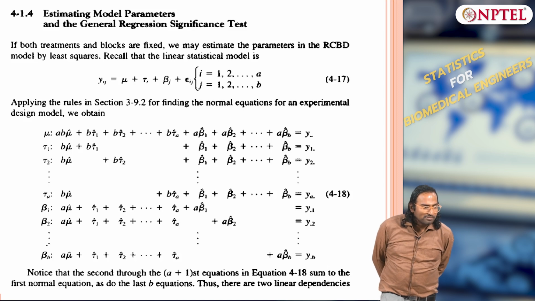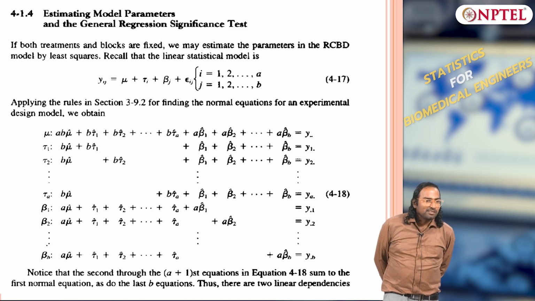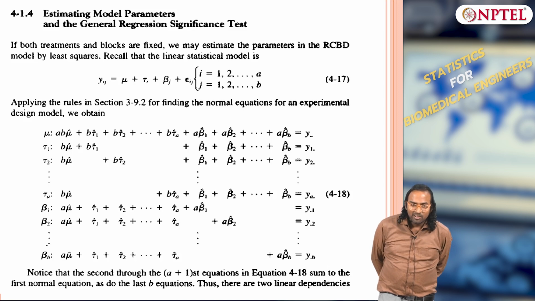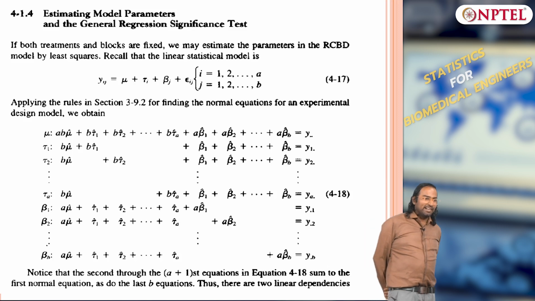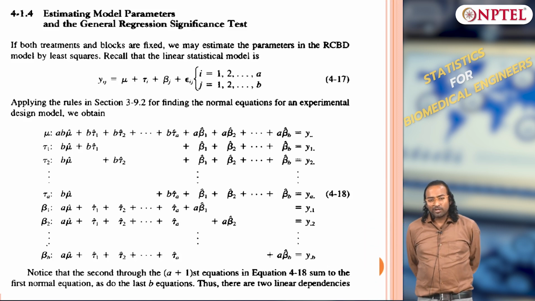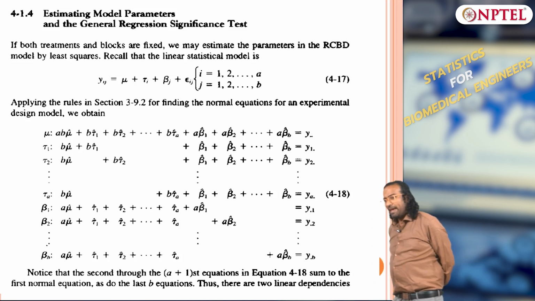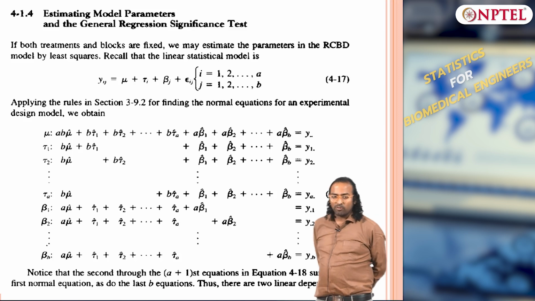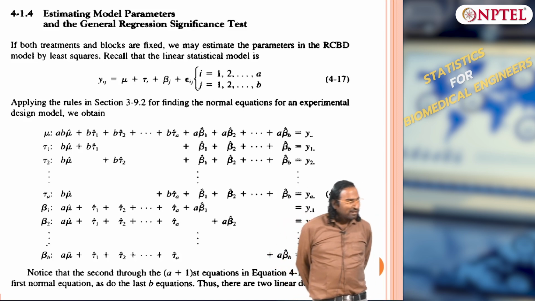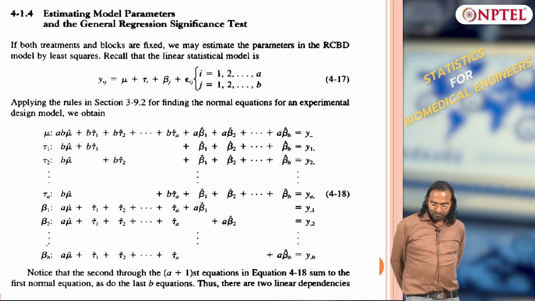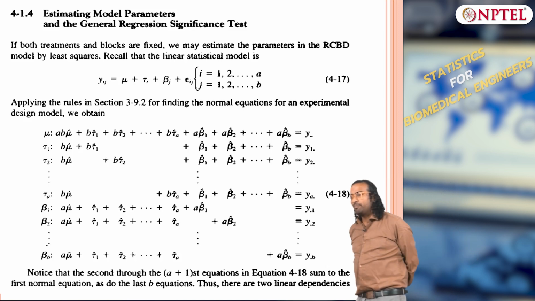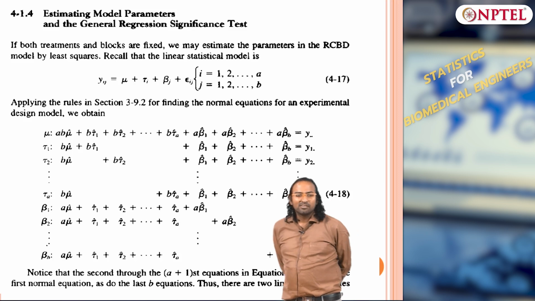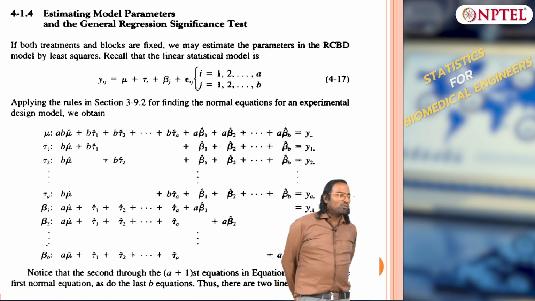Mu is 1, tau i is a parameters, beta j is b, so a plus b plus 1 equations. For ANOVA it was a plus 1 equations, now this is going to be a plus b plus 1 equations. So that is rule number 1: the total number of equations is equal to the total number of parameters, which is a plus b plus 1 equations.